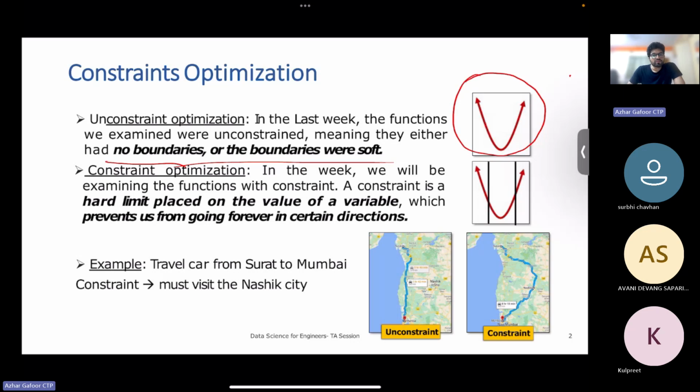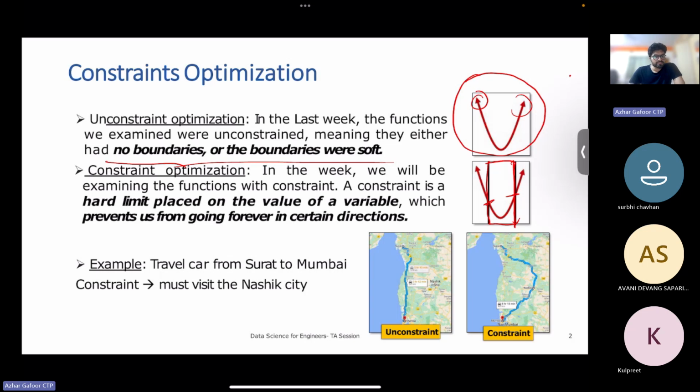So if this was the unconstrained problem and we were to find the maximum in this case, these points can be the maximum values. Whereas once we constrain our boundary to this region, the maximum limit is up to the points inside the boundary.